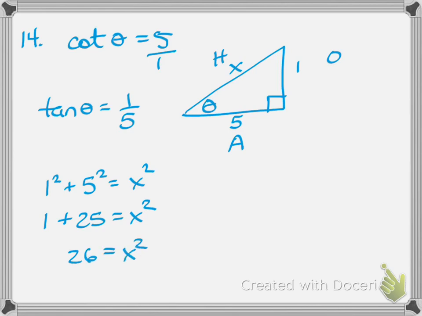Take the square root of both sides. 26 breaks down to 2 and 13, no pairs, so we will leave it square root of 26 for that missing side right there. And then let's read the directions again. They want us to sketch the right triangle that goes with this information. I think we're done.